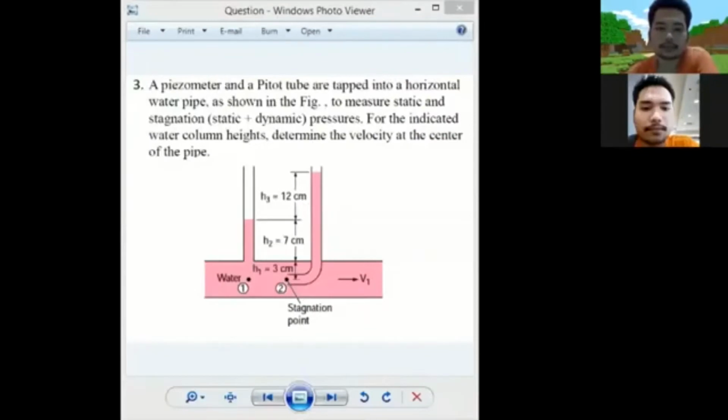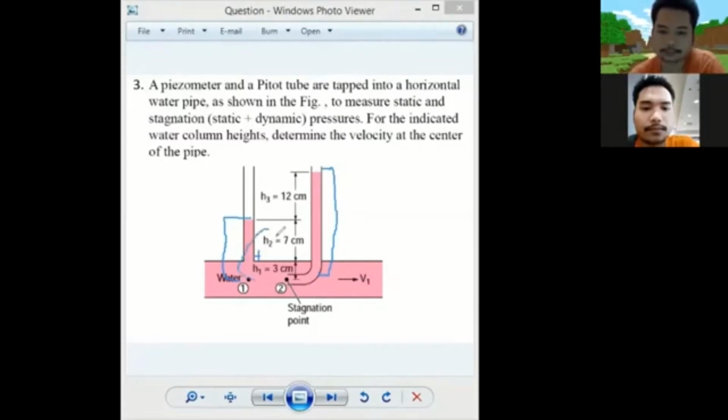We need to take point 1 and 2 along the center line of the pipe, with point 1 directly under the piezometer, and point 2 at the tip of the pitot tube. Our point 1 is H1 plus H2, and our point 2 is H1 plus H2 plus H3.